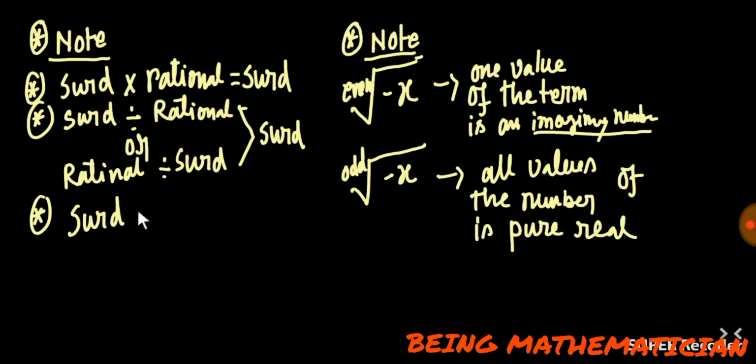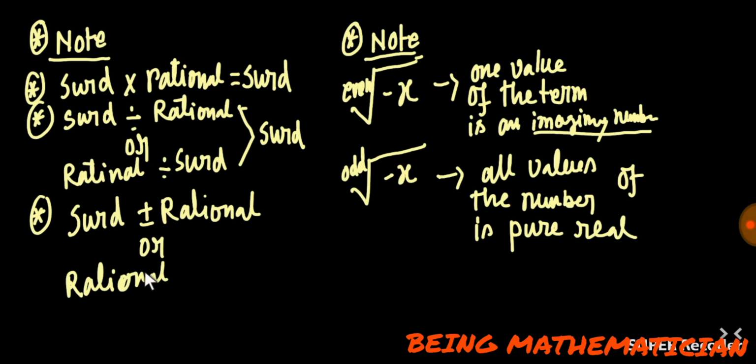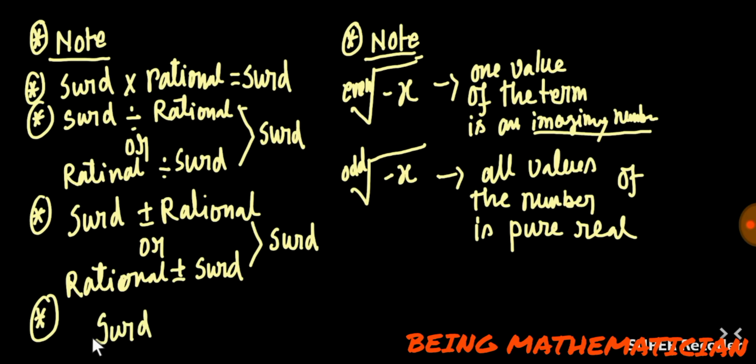Surd plus minus rational or rational plus minus surd must be a surd. Next one, surd to the power rational number. It is either a surd or rational.